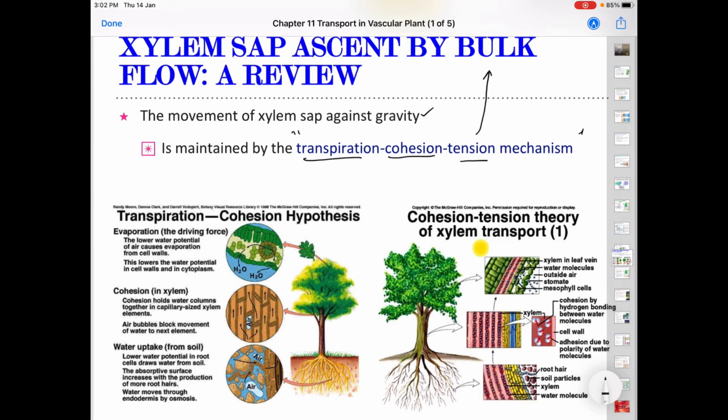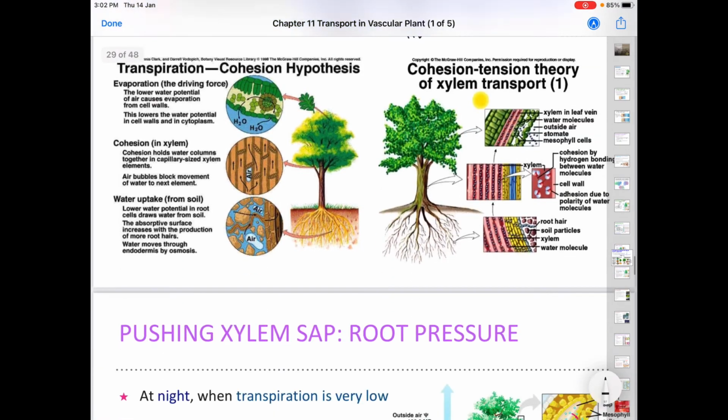This is the movement of water and minerals from the roots, carried through the xylem upward throughout the whole plant in order to do the transpiration process, which happens in the leaf and involves the stomata. The cohesion is the hydrogen bonding in the water molecules, and also the adhesion tension, which is the bonding between the molecules and the cell wall of the xylem.